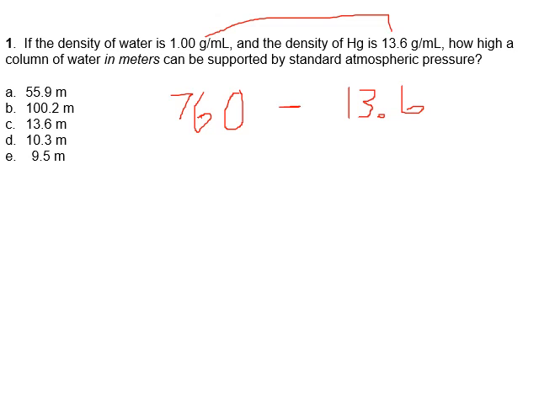So that's right around 10,000 millimeters. If we multiply 760 times 13.6, we're going to get about 10,000 millimeters, but we want the answer in meters, so that would be about 10 meters. Let's go ahead and go to the answer.